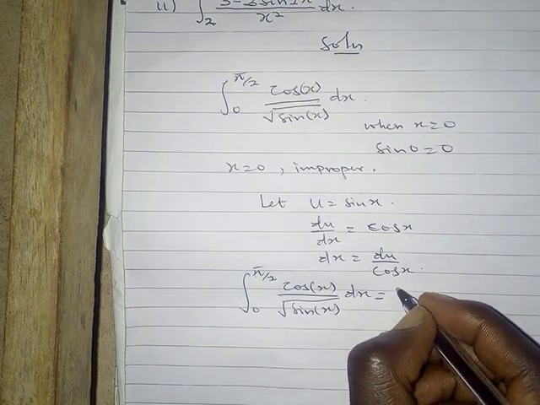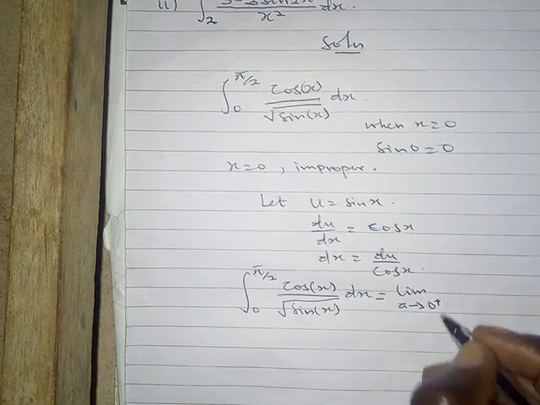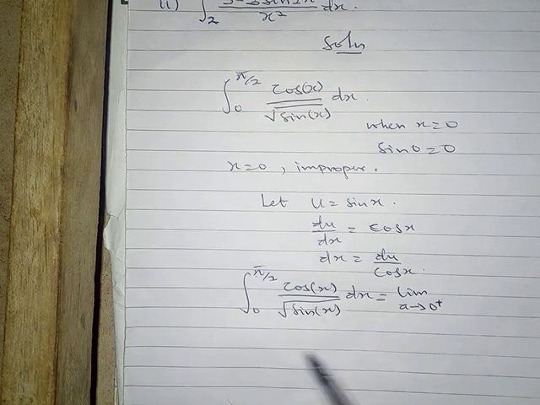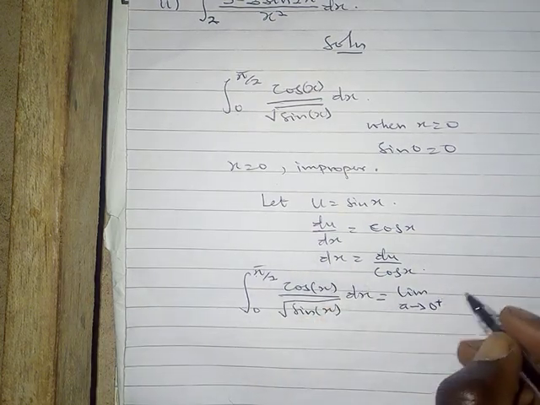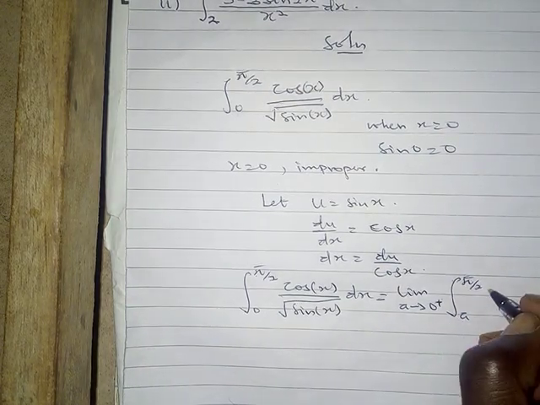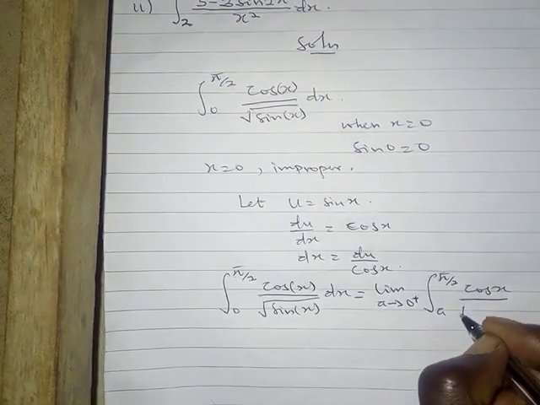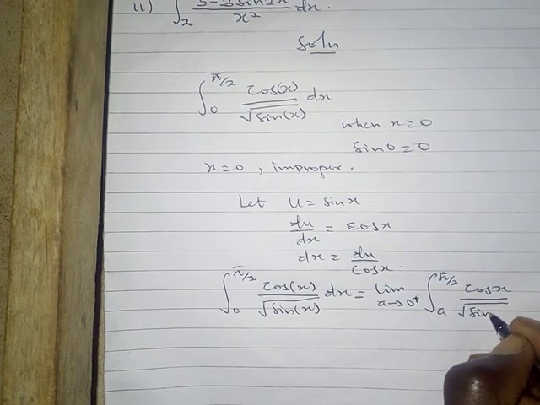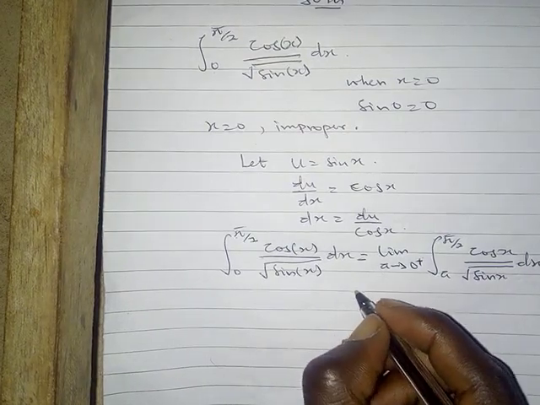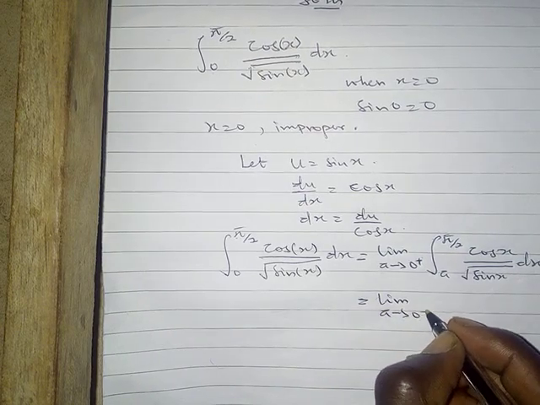This will be equal to the limit as a approaches 0 positive, because when it approaches 0, this integral becomes improper. So we take the integral from a to pi over 2 of cosine of x over the root of sine x dx.